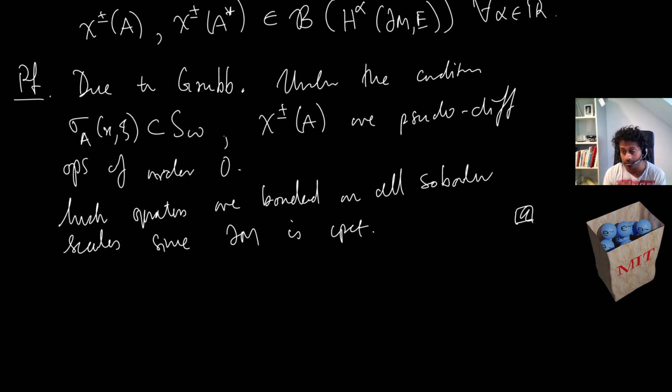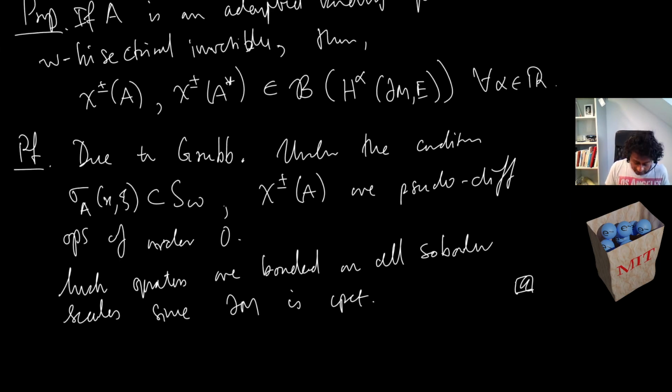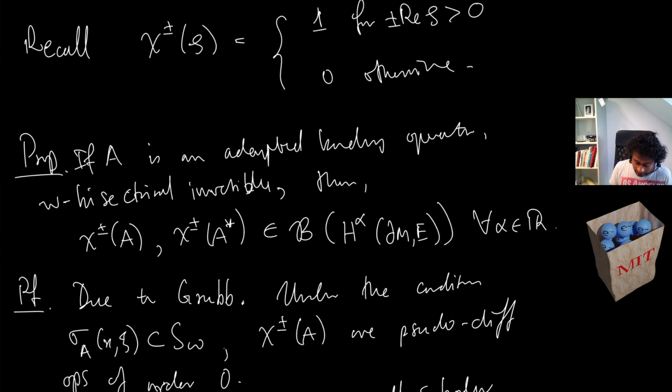We ended last time with a corollary or an example of a differential operator which is bisectorial and invertible, and whose spectral projectors are bounded. These are projectors, of course. We have a functional calculus.